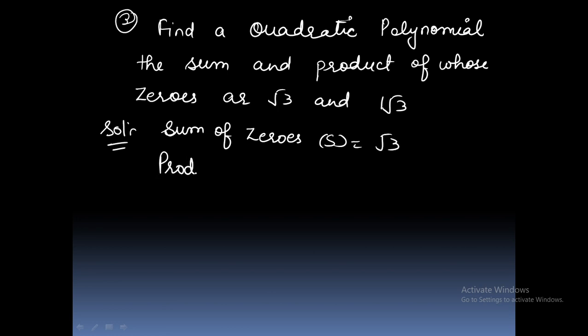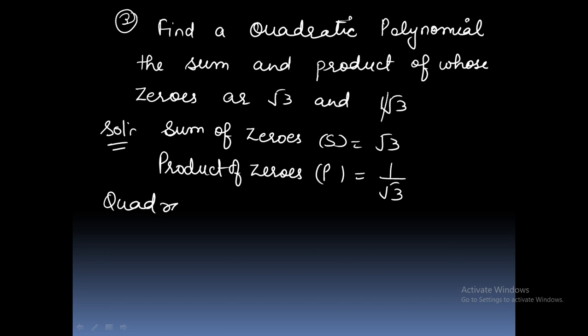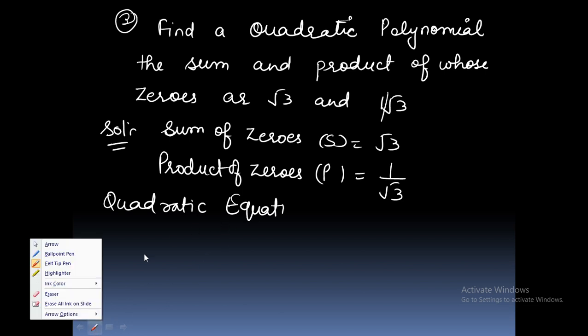Product of zeros, p is equal to 1 by root 3. Now for the quadratic polynomial, we will use the formula.